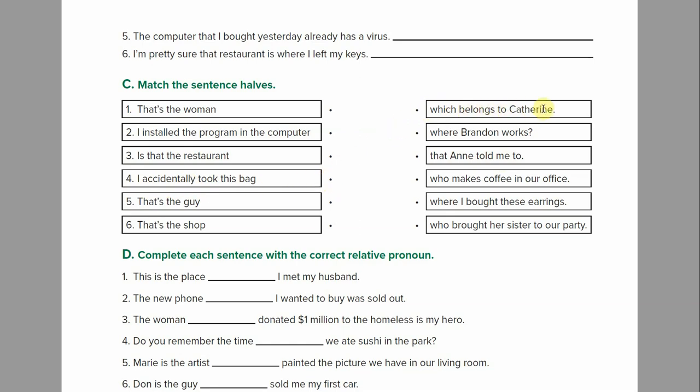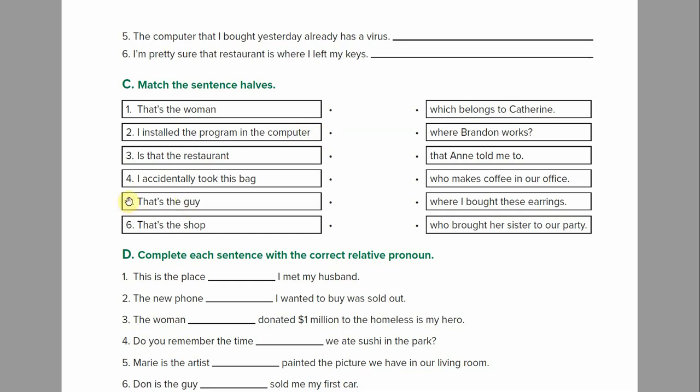All right. Because if Anne told me to, it's not an accident. So, I accidentally took this bag which belongs to Catherine, which means I installed the program in the computer that Anne told me to. Okay? So that's how you figure it out. So if there's one that you're unsure about, you don't know this one or this one, go on to the next one and then you'll figure it out.